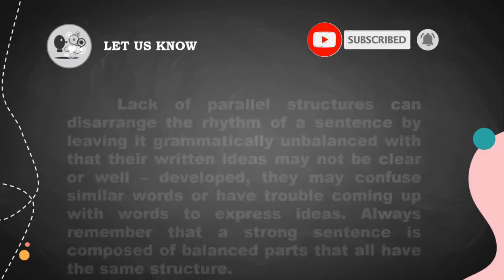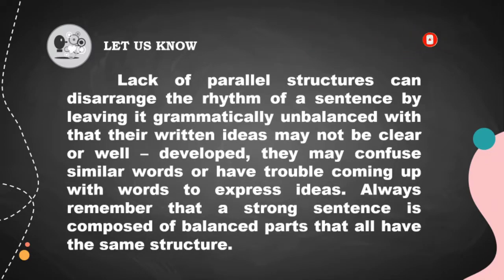Lack of parallel structures can disarrange the rhythm of a sentence by leaving it grammatically unbalanced. With that, their written ideas may not be clear or well developed. They may confuse similar words or have trouble coming up with words to express ideas. Always remember that a strong sentence is composed of balanced parts that all have the same structure.